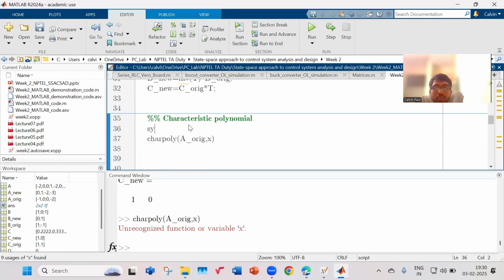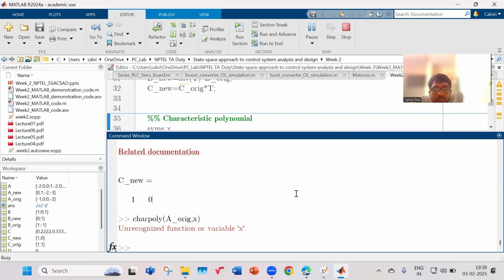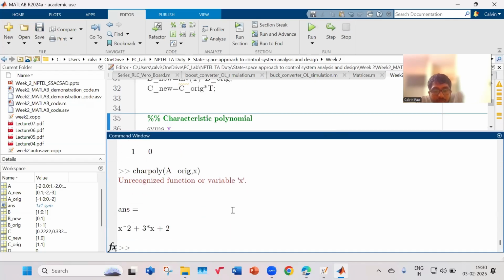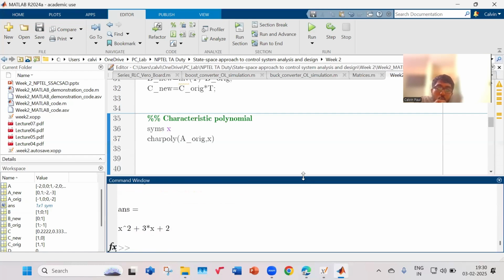We will use the symbolic toolbox if you have, and I'll define a variable x. Now I'll run this code. It is giving the characteristic polynomial, that is x square plus 3x plus 2.